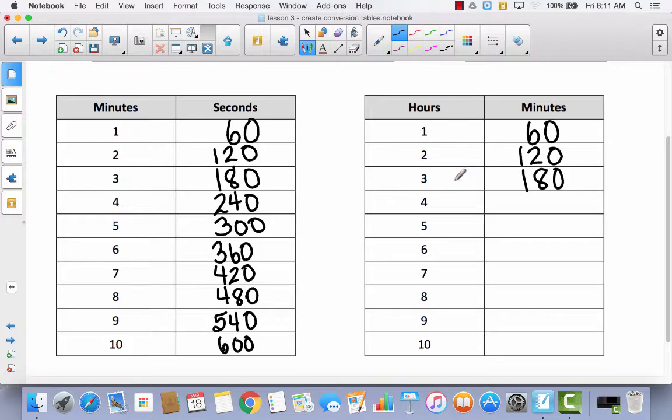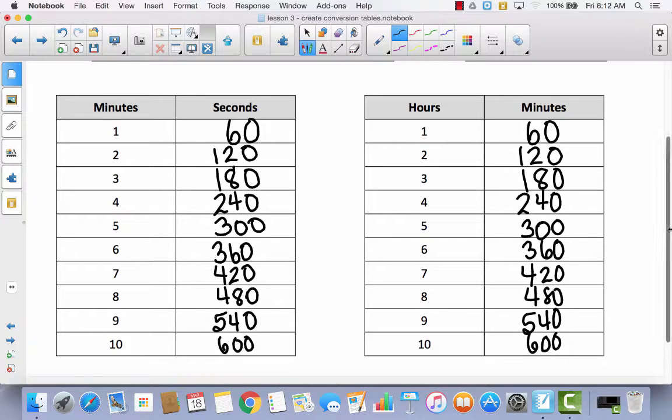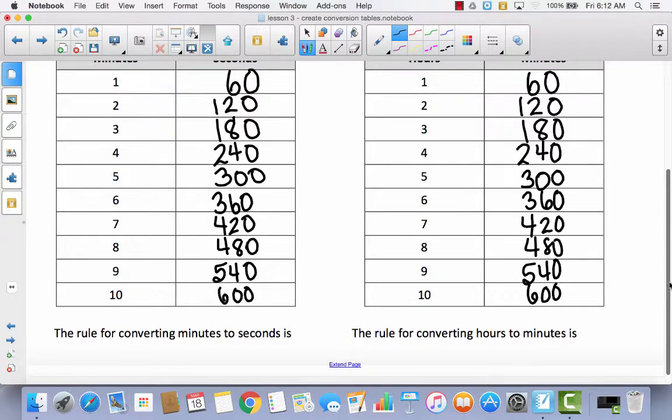Are you starting to notice that these tables are exactly the same? Well, I am too. Let's go ahead and copy them. Okay, now let's talk about what the rule is. What is the rule for converting minutes to seconds?